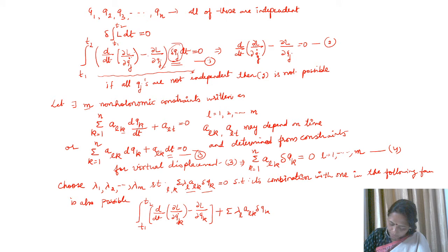Delta QK, we write it like this, dt is 0. So you have chosen the multipliers in such a way that when you write this combination, this relation is equal to 0, then this can be combined with this one. That means you integrate this fifth one and then add with 1, you will get this relation to be equal to 0.